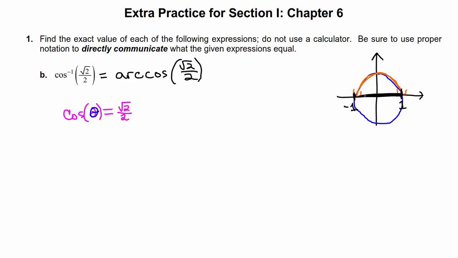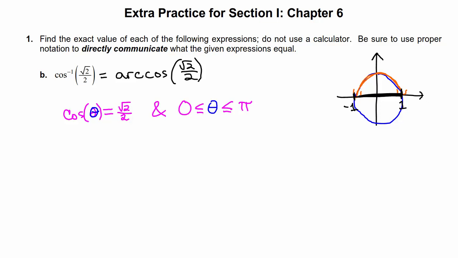And so the additional restriction we have on that angle theta is that it needs to be between 0 and pi. It's got to be in that northern hemisphere worth of angles. And so we need to find an angle with a cosine value of root 2 over 2 in that northern hemisphere.